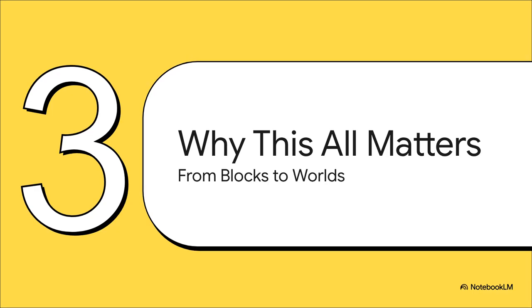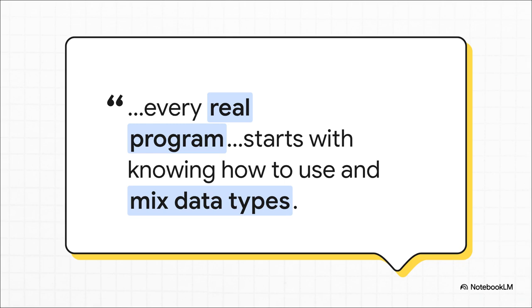So here's the crucial point, why this all matters. We've been looking at very simple, individual pieces, but by combining these ints and strings and lists, programmers can build the incredibly complex and amazing worlds we get to play in every single day. I mean, our source material really says it perfectly.